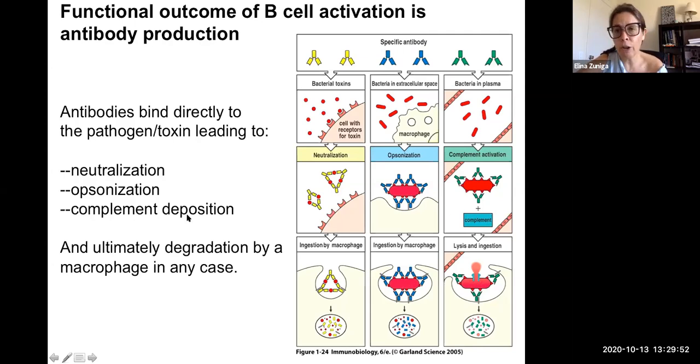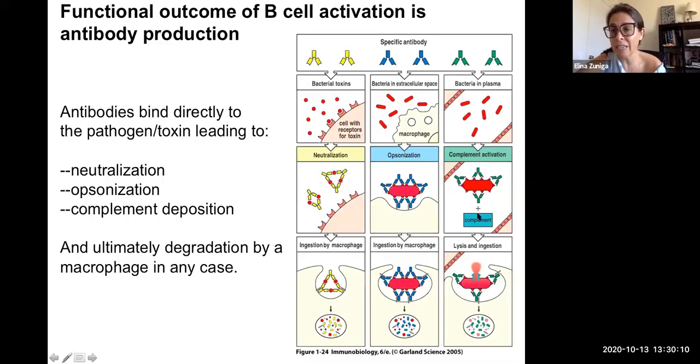And finally, we already learned that antibodies can trigger the classical pathway of complement activation. And so this is a bacteria in the plasma. The bacteria will be recognized by antibodies.